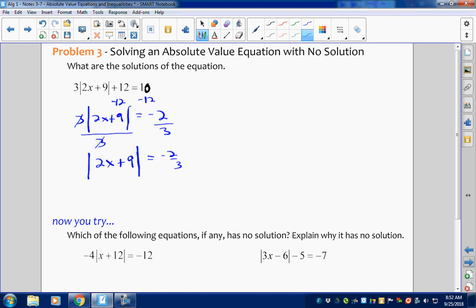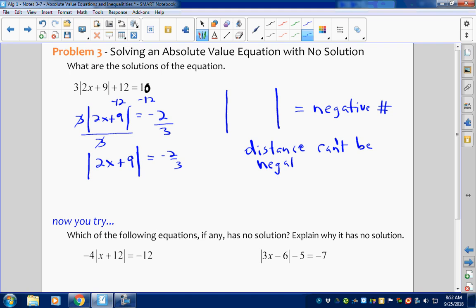So when you have an absolute value expression equal to a negative number, because this is distance, and distance can't be negative, there's no solution. There's no solution on that one.